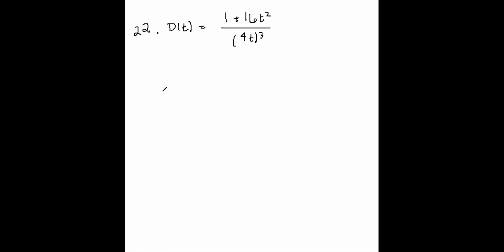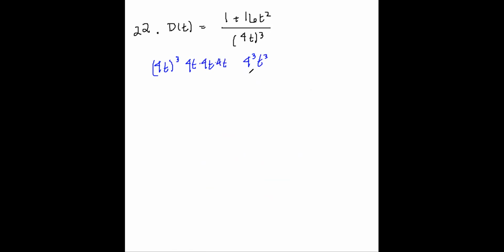To start with, though, I'm going to simplify this denominator because I want to work with a form that I'm more familiar with. So 4t cubed is going to be 4t times 4t times 4t, or 4 cubed t cubed. 4 cubed is what?